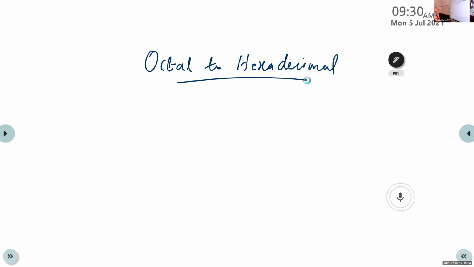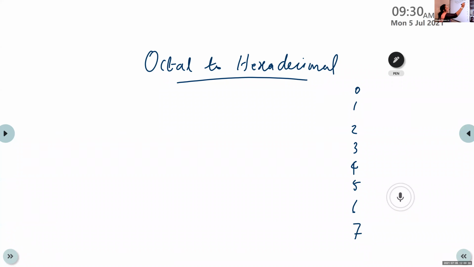For this conversion also we need the 3-bit table and the 4-bit table. Okay. Then Anaga, how can we create a 3-bit table? Ma'am, first write the octal values, that is 0, 1, 2, 3, 4, 5, 6, 7.